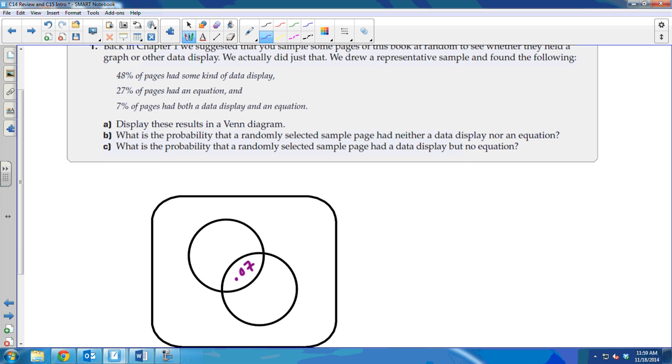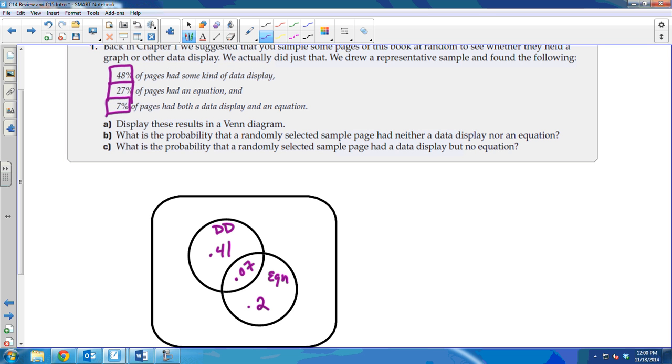Now, for the data displays, it says 48% have data displays, but that is including the 7% that have both. So we have to subtract off the intersection all the time to make sure we get the right amount in each of the circles. So this will be 0.41. And then for the equation pages, that's 27 minus 7, so 0.2.